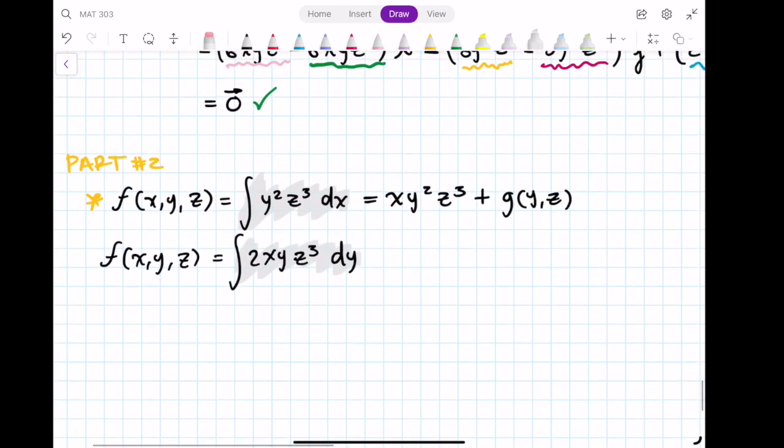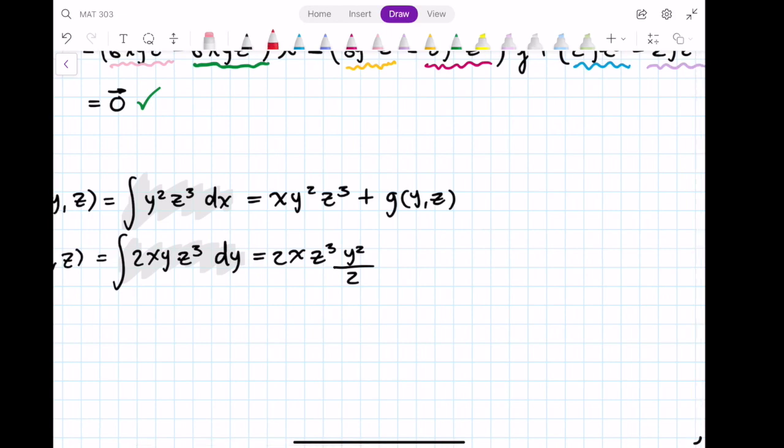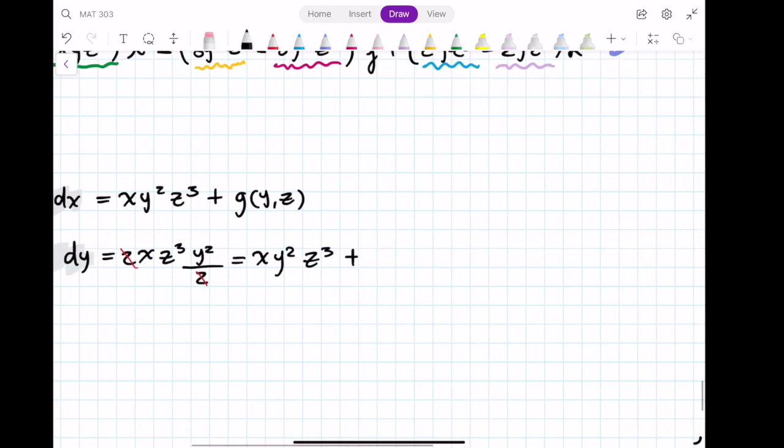I did this already, so this is equal to 2xc cubed y squared over 2. And to simplify this, we're just going to cancel this out. And this is going to be equal to xy squared c cubed, right? Same thing, we need a constant that is going to be any function of x and c.